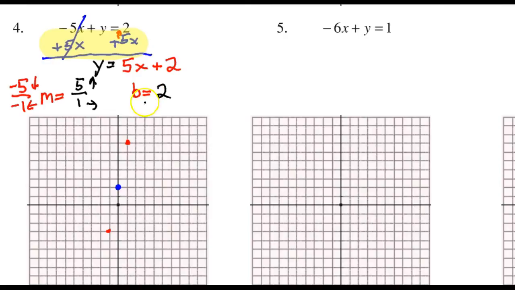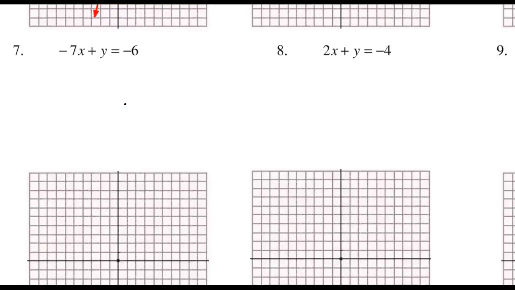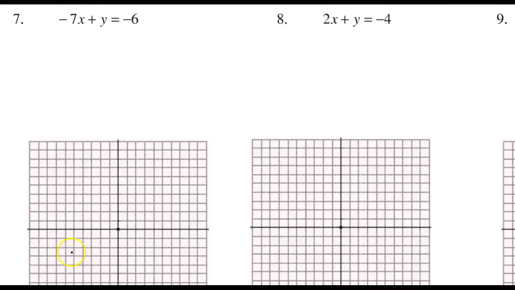And that should be good enough for our line. Make sure you put arrows at both ends. Okay, go ahead and try number 7 on your own. We'll come around and take a look, make sure you got it.